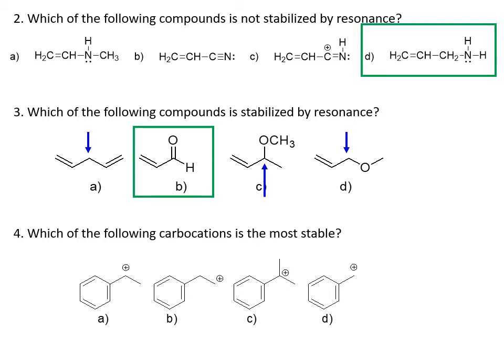Question number 4. Which of the following carbocations is the most stable? The first carbocation is a benzylic cation, and it's secondary benzylic. B is primary benzylic. So secondary is more stable than primary, so A is more stable than B. C is tertiary benzylic. That's even more stable than secondary, so that's more stable than A. Sorry, B is just an ordinary primary carbocation, not primary benzylic.